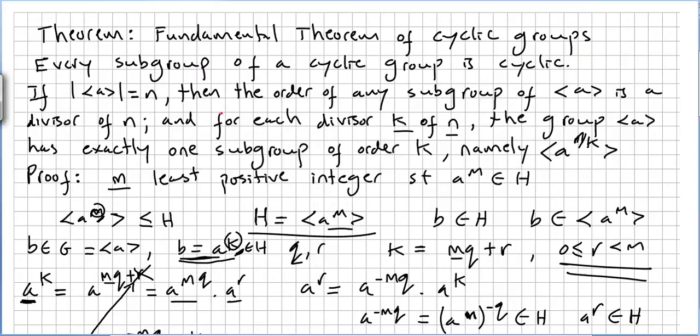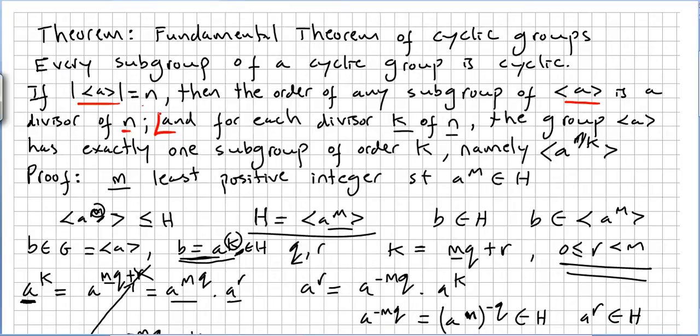Now we have just proved that if the order of A equals n, then the order of any subgroup of the group generated by the element A is a divisor of n.